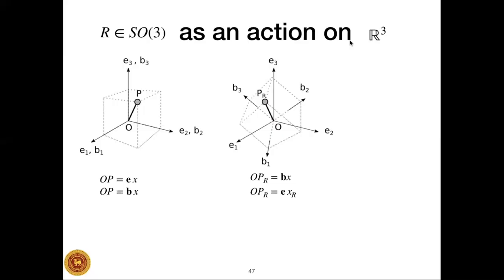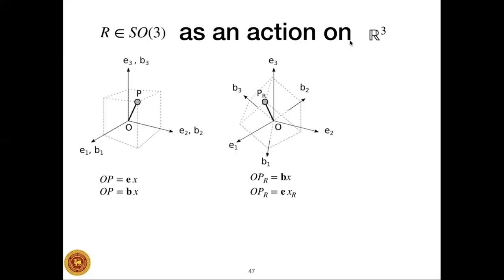In the B frame nothing has happened because the B frame is fixed to the box, so it still appears to be in the same place. The representation of the new point, which we call P R, is still given by simple X in the B frame, whereas in the E frame it is given by a new position, because the box is rotated.